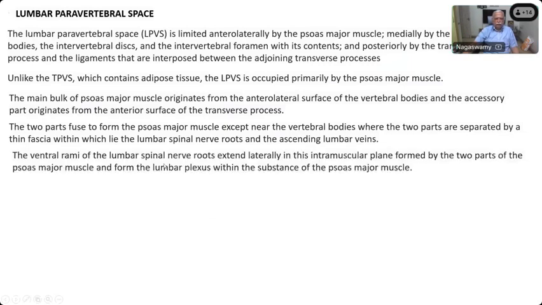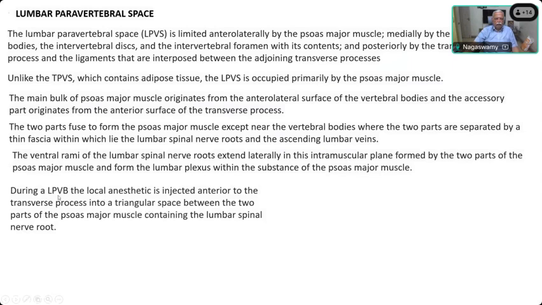The ventral rami of the lumbar spinal roots extend laterally into this intermuscular plane, not into the intercostal space as in the thoracic paravertebral space. The intermuscular plane is formed by the two parts of the psoas major muscle, and they form the lumbar plexus there within the substance of the psoas major muscle.